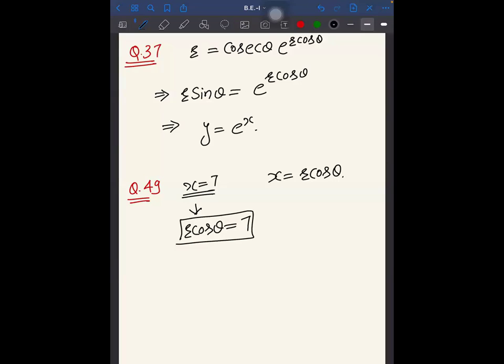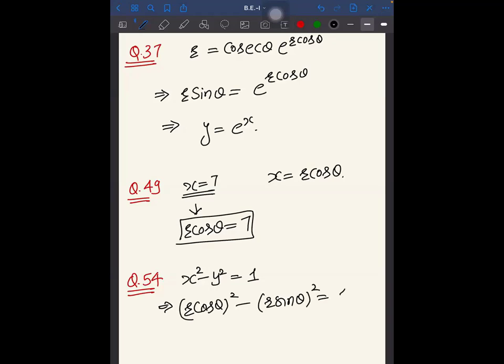Okay, so next is question number 54, and that is x square minus y square is equal to 1. So how are you going to do it? Replace x by r cos theta and y by r sin theta.